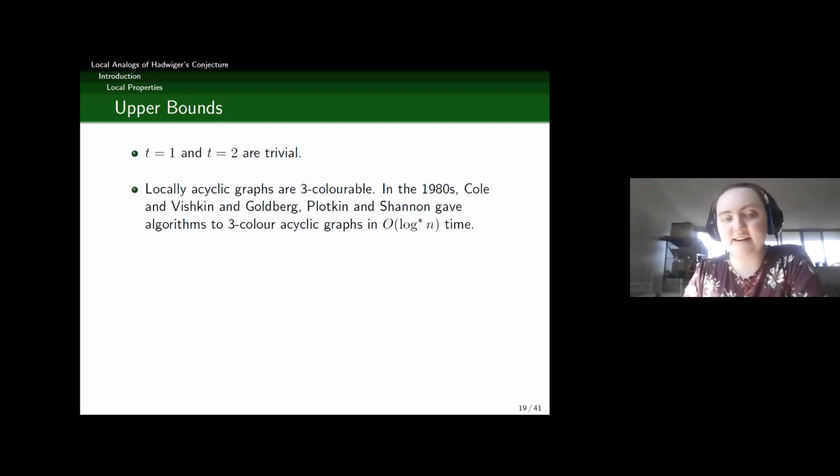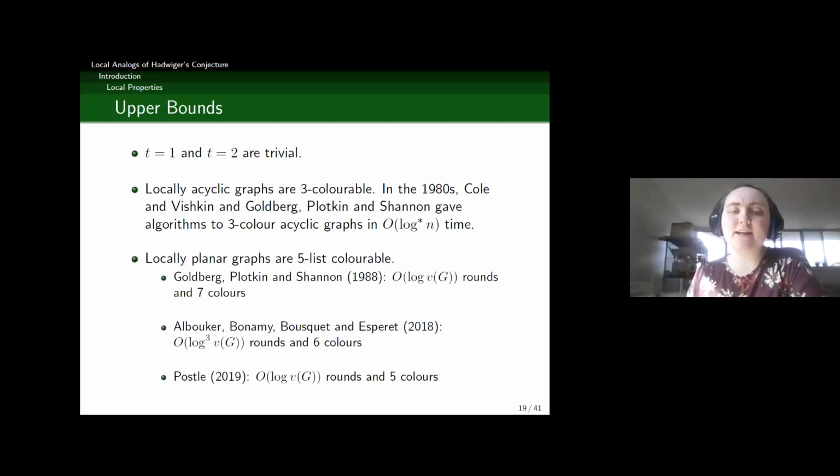So very, very efficient for locally acyclic graphs. And then sort of paralleling the history of coloring results, we look into planar graphs. Locally planar graphs are 5 list colorable.